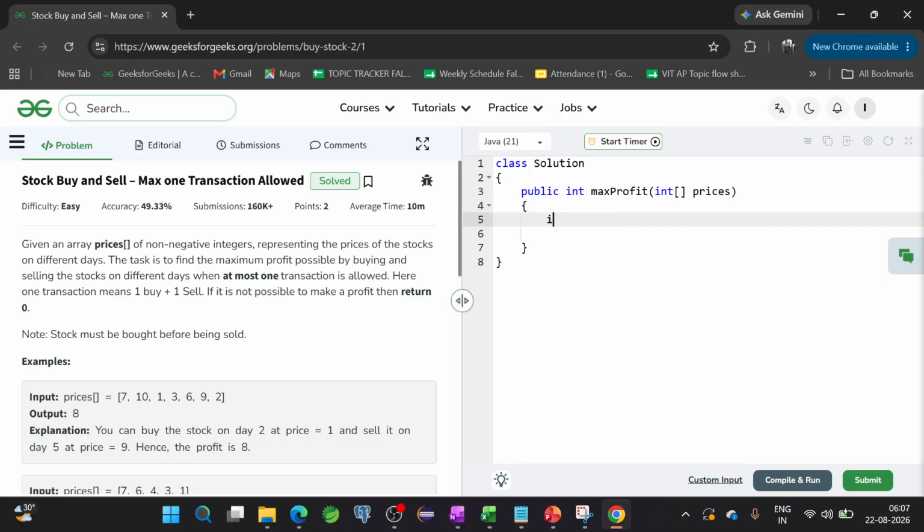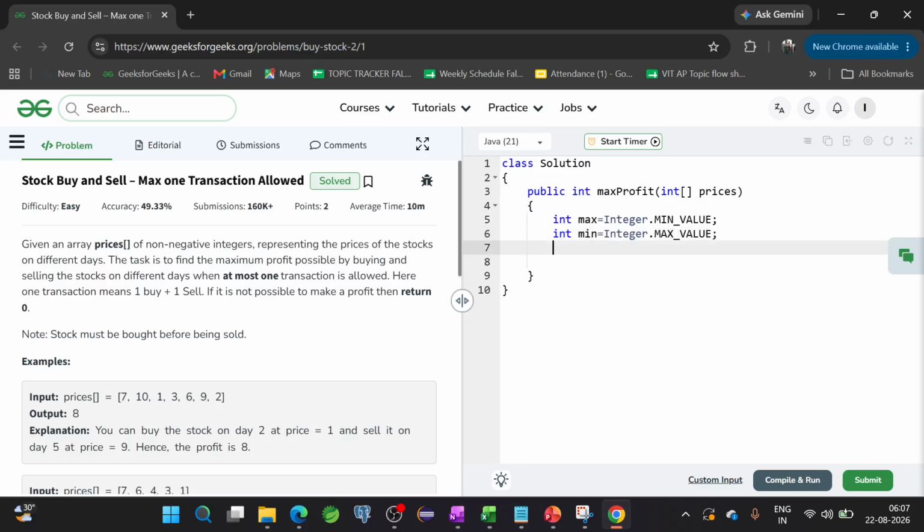Okay. We have to find the maximum. Initialize max to Integer.MIN_VALUE, then int min equal to Integer.MAX_VALUE. Then for int i equal to 0, i less than prices, or we can say array.length, i plus plus.